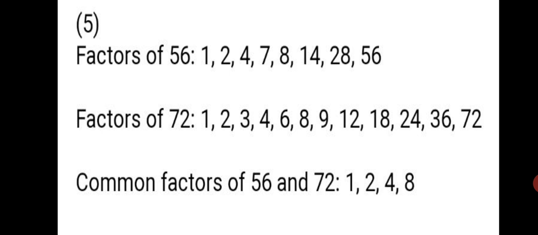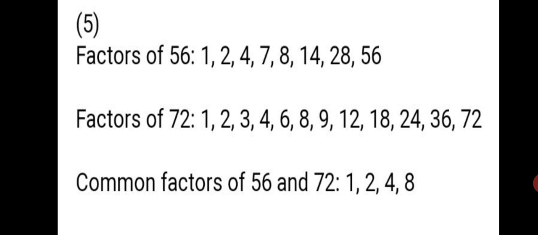Factors of 72. 1 into 72, 2 into 36. I'm checking first with the last, second with the second last. You can check now itself. 2 into 36, 3 into 24, 4 into 18, 6 into 12, and 8 into 9.